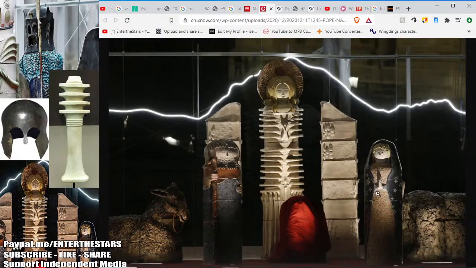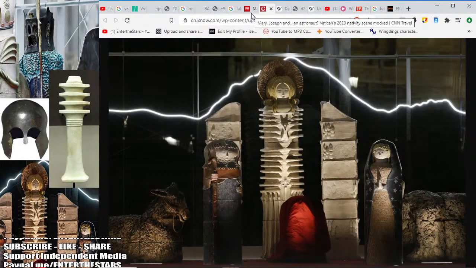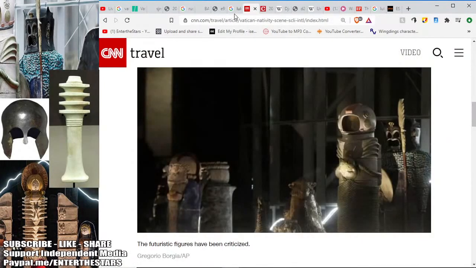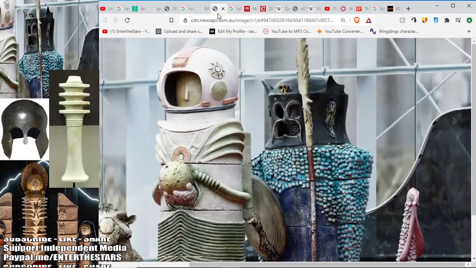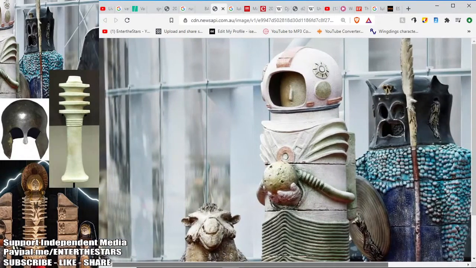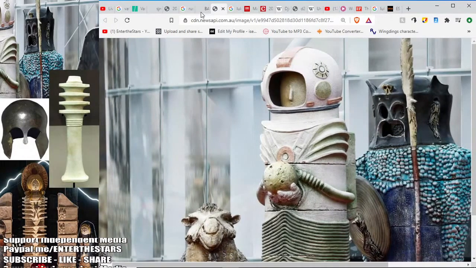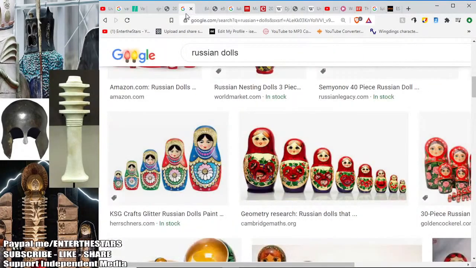So obviously, this is mockery in this nativity scene, because they're basically saying the bloodline of Christ was Russian dolls. And it was very carefully protected by God, the bloodline of Christ, down to the birth of Christ, so that he could be born pure and save humanity.